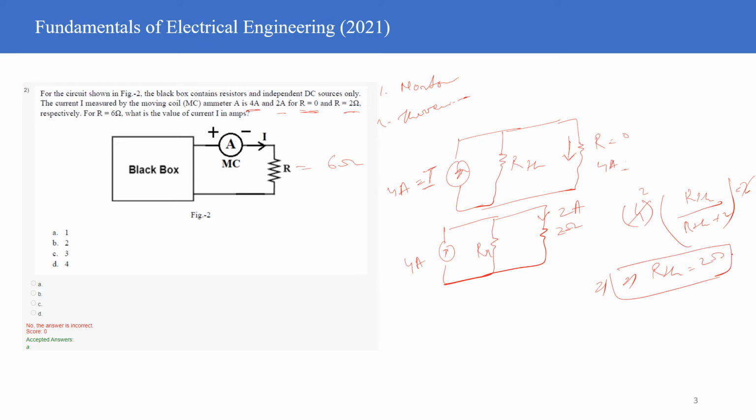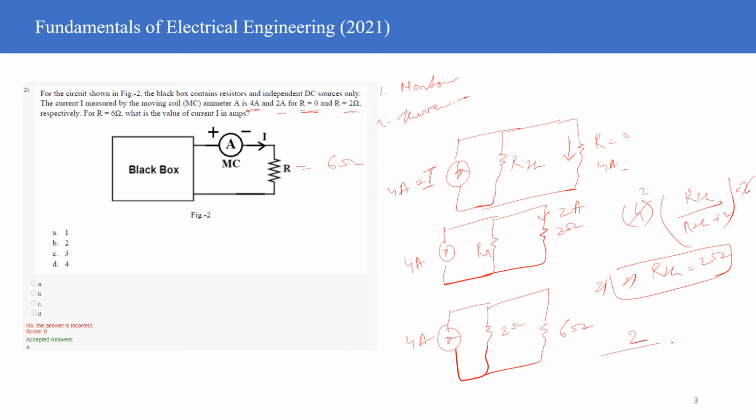Yes. Now, if RTH is equal to 2, that implies that in the third scenario, when the question is asking what is the current flowing if this R is equal to 6 ohms now, right? Then you can figure out the current.